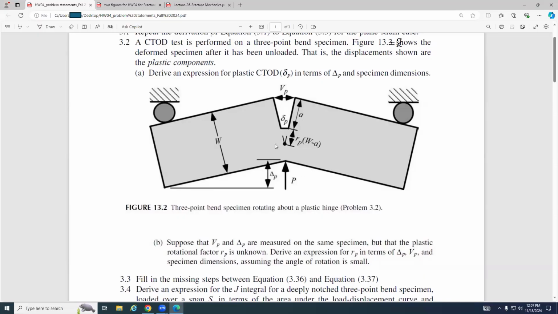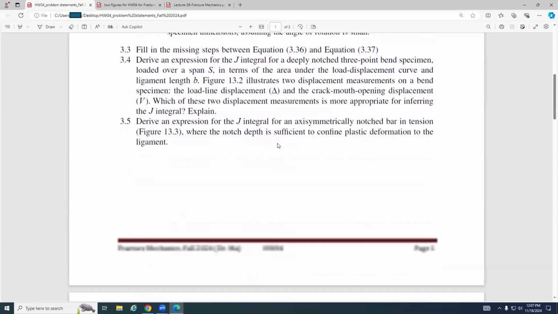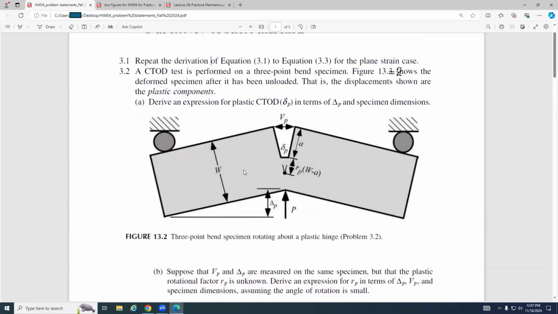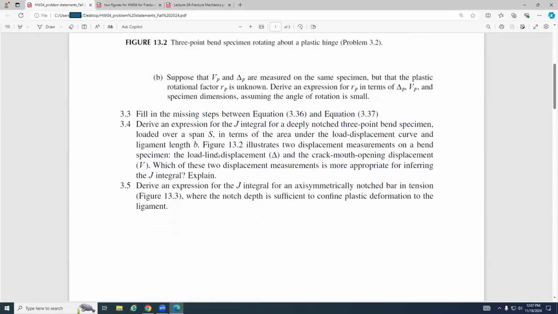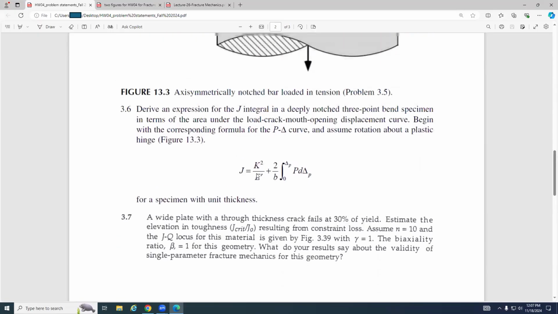This is the specimen, and for this specimen, how can we get this? We start with this equation.